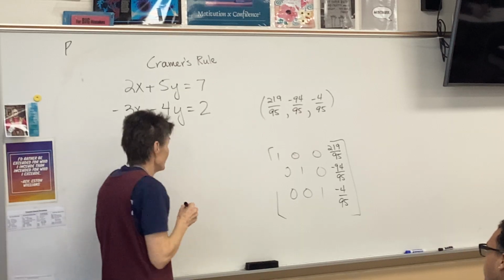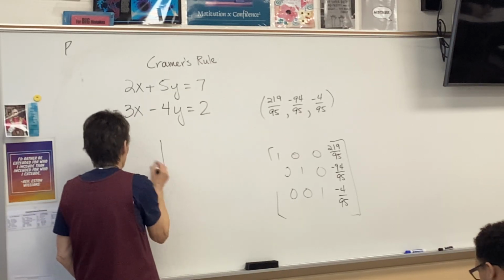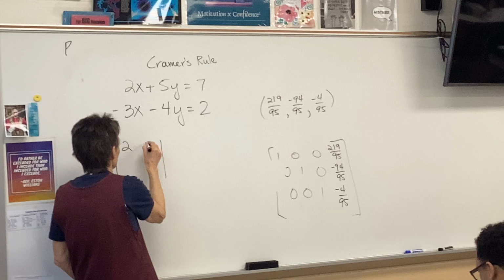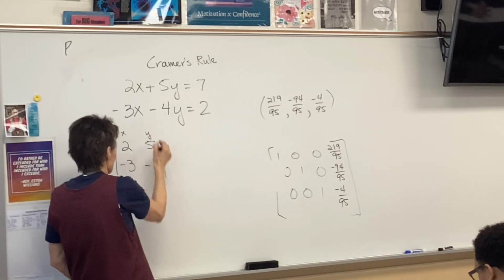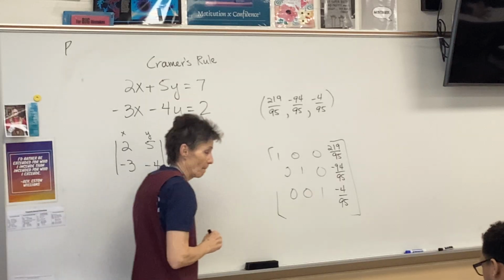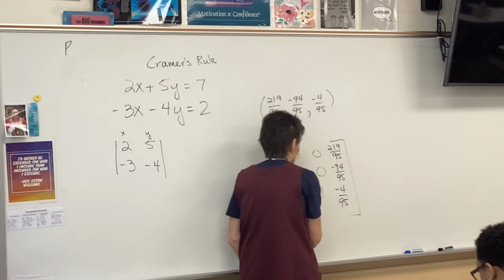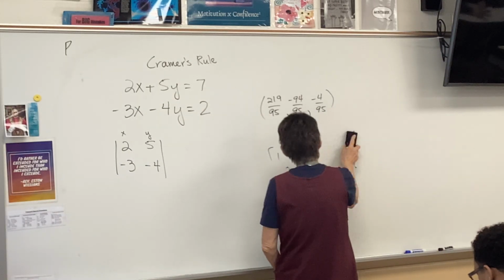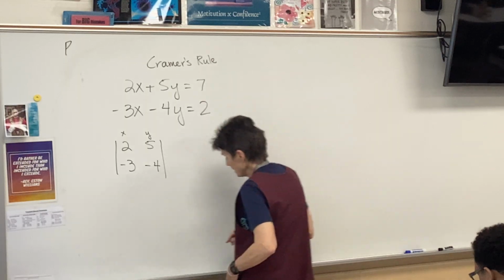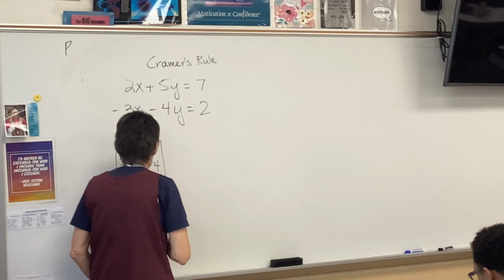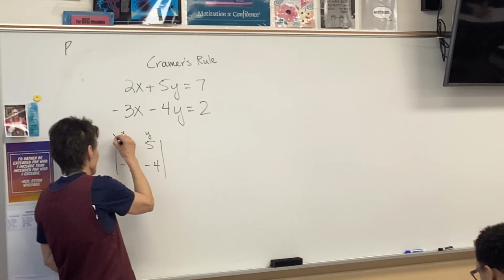Find the determinant of the x's and the y's. So 2, 5, negative 3, negative 4. These are the x's, these are the y's. And when we do this determinant, you guys, it's always done exactly the same way, so learn the procedure. We start right here.